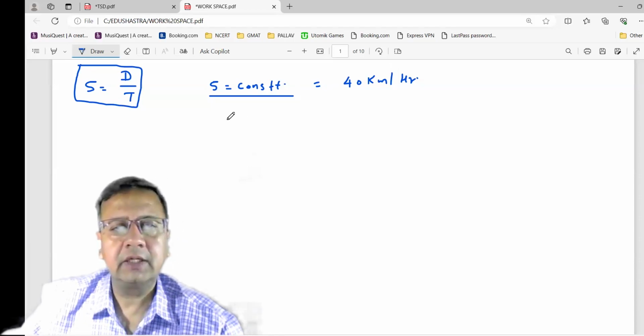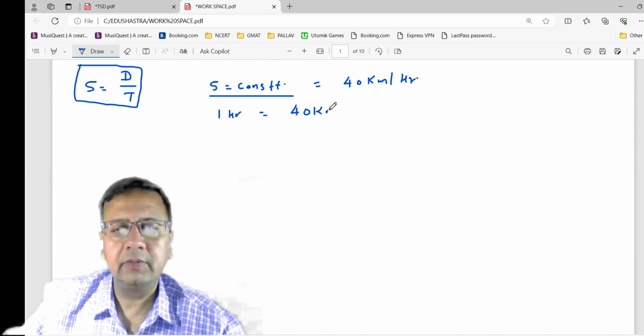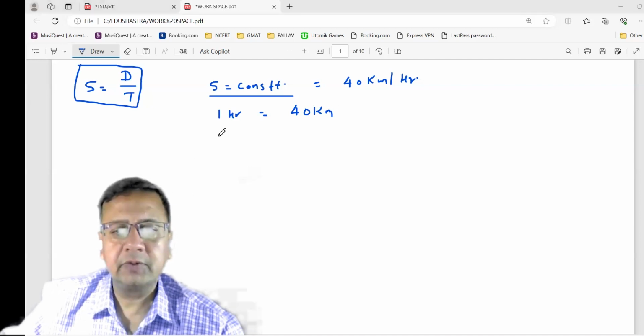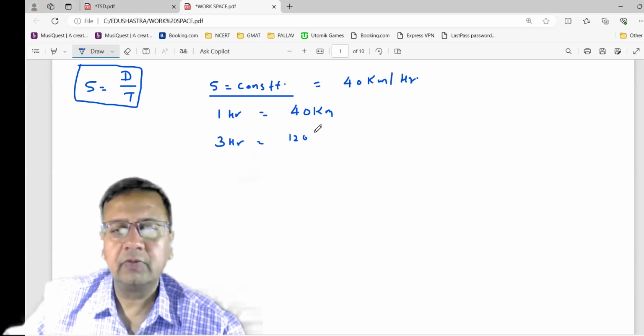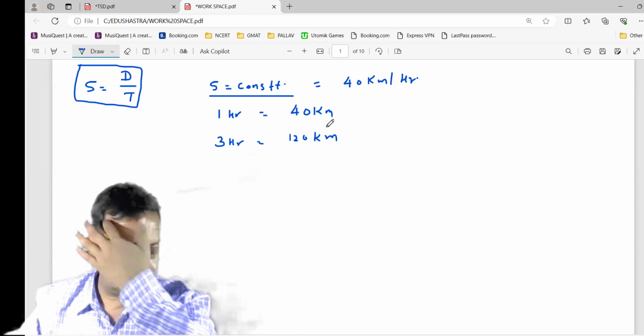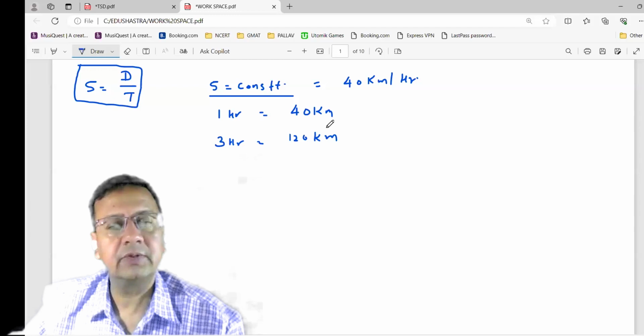So if you are traveling for 1 hour, how much? 40 kilometer of distance, right? If you are traveling, suppose, 3 hours, then you will be covering how much? 120 kilometer of distance. So if the time is increased, the distance is also increased.